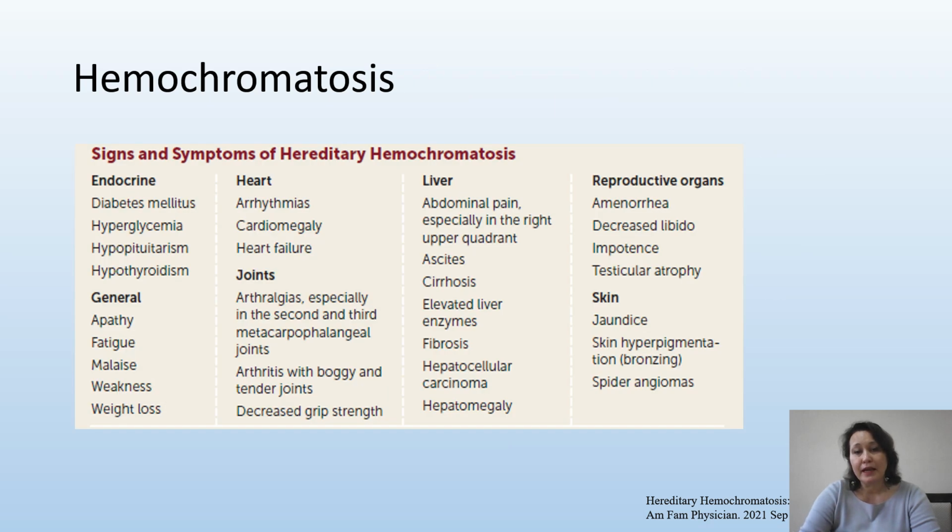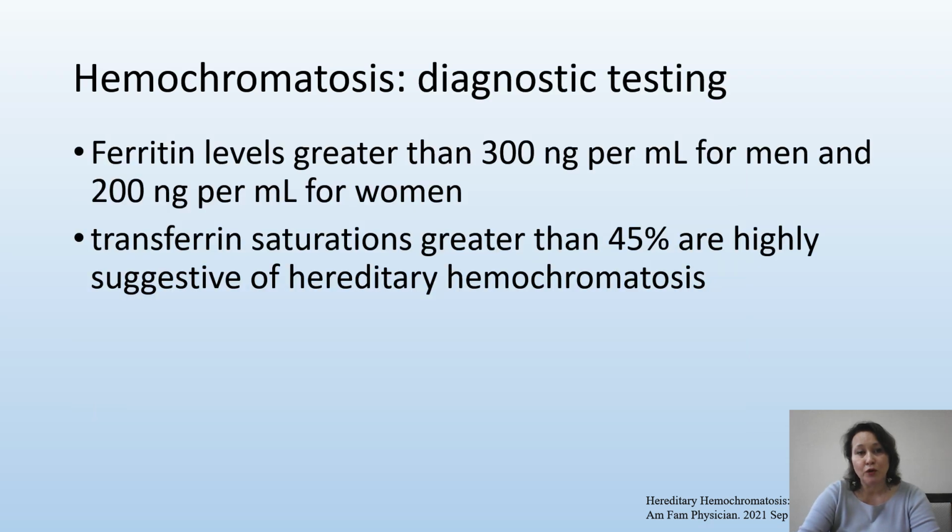In this table, you can see summarized data on endocrine, cardiovascular, gastrointestinal, reproductive symptoms and skin changes in patients who have hemochromatosis. It means that many doctors can see such a patient and should suspect hemochromatosis in a patient with such symptoms.